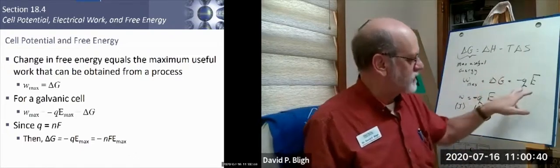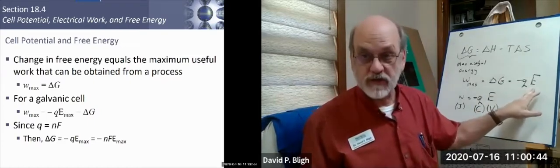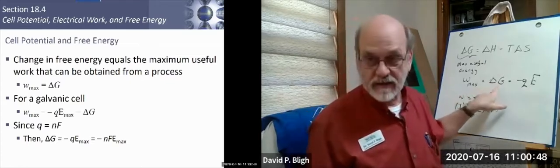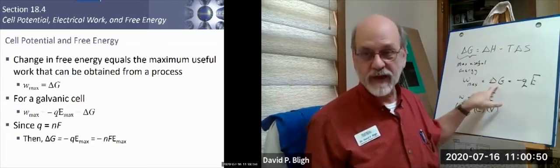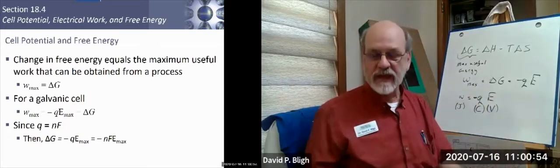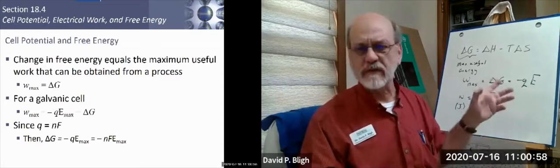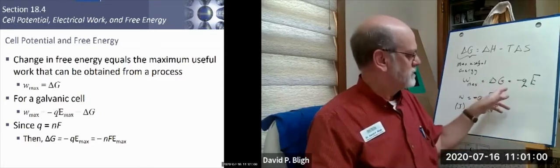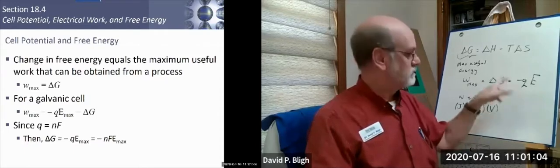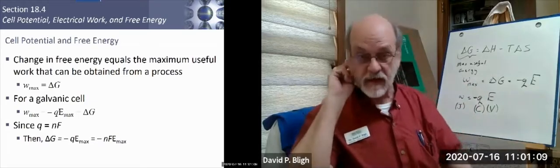If we measure the amount of charge transferred and the voltage at which it's transferred, we can calculate Gibbs free energy for that reaction. Right? So we have another way of measuring Gibbs free energy. I think last chapter, we used the equilibrium constant to do that calculation.